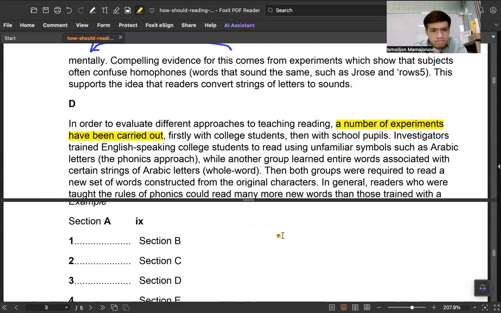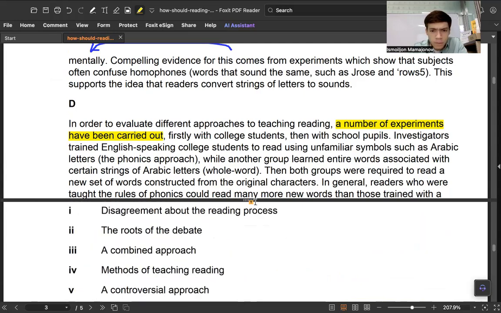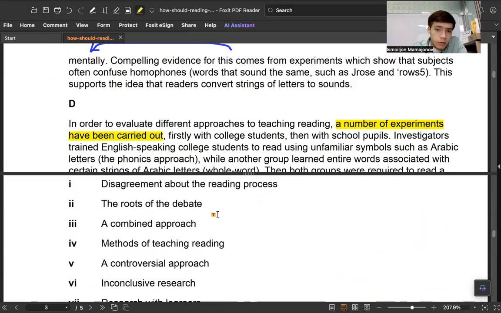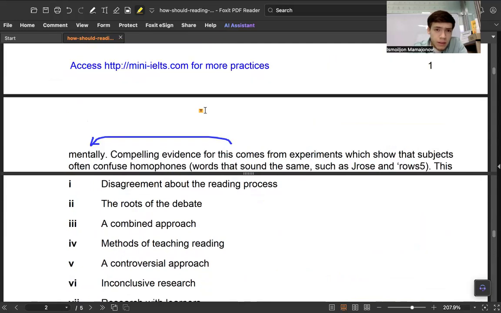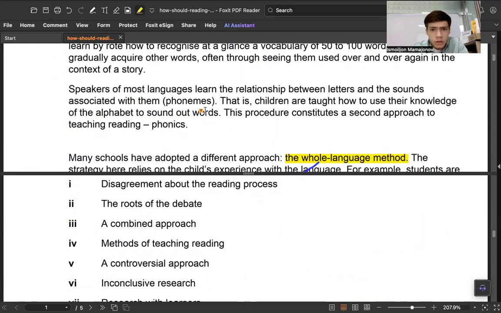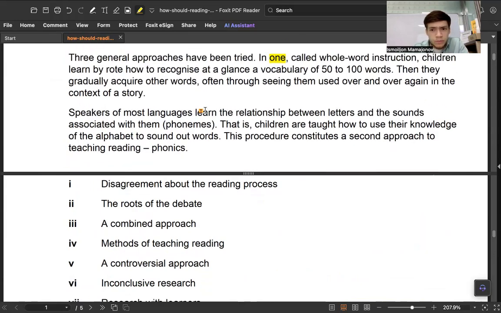For B, let's read the options. Disagreement about the reading process. I don't think anyone is disagreeing in paragraph B. Nobody's disagreeing, it's going well.